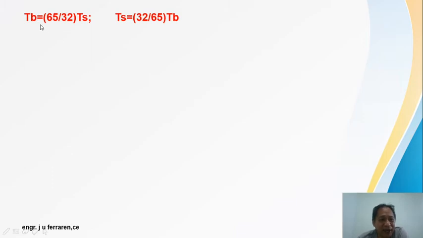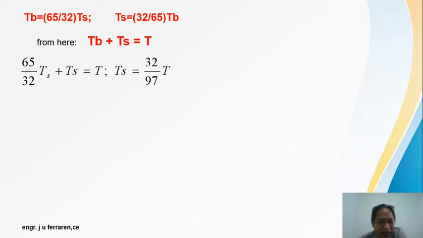TB as defined is equal to this. Okay, then I can consider my first equation. Suppose my TB is replaced in terms of TS. This one, ako ilisan. Okay, so what is the resulting equation? We have TB, this one, 65 over 32 TS plus TS.